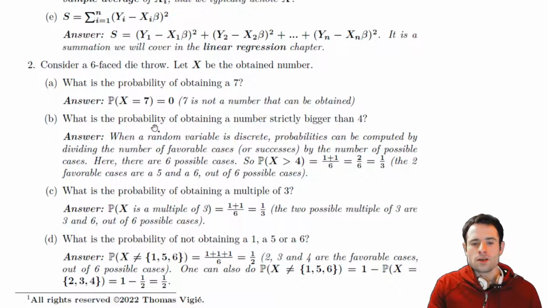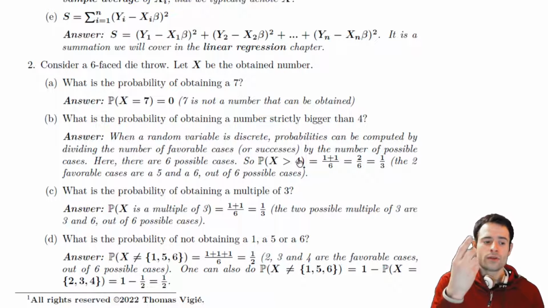What is the probability of obtaining a number strictly bigger than 4? Well, here we have to count the number of successes and divide them by the number of possible outcomes. So, we have 6 possible cases here. The probability that x is bigger than 4 will correspond to getting the number 5 and the number 6.